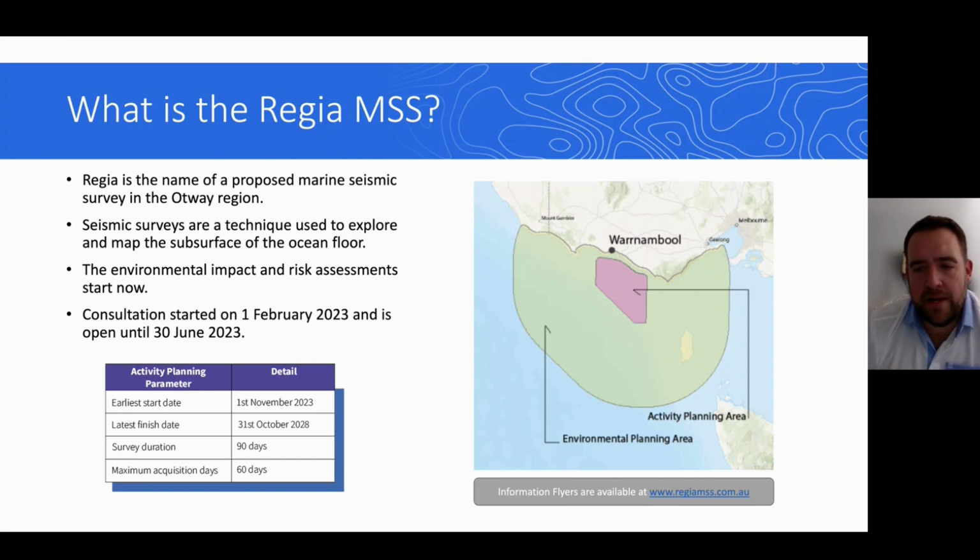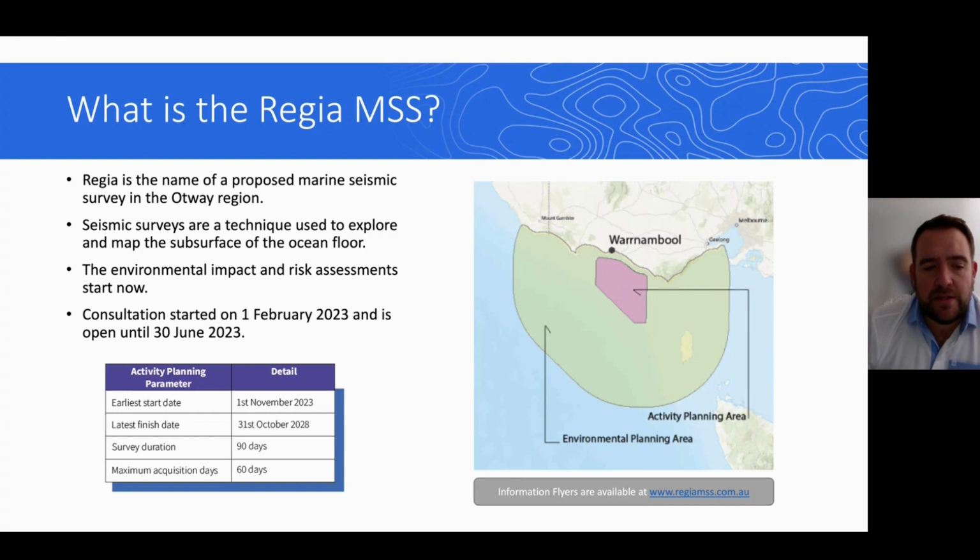That's where the activity planning area is, and that will narrow over time, but that's the largest possible extent of our survey. The green area that you can see is where we look at the environmental receptors within this area. It's the largest extent to which we think there may be effects from our survey, and so that kind of forms our planning area.